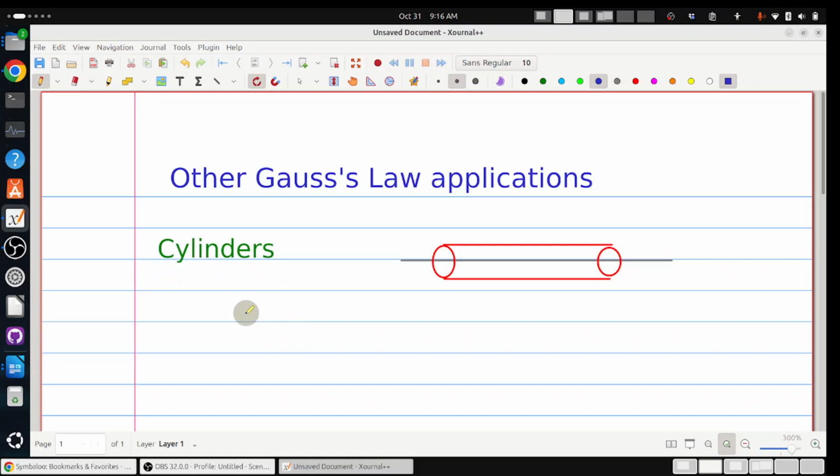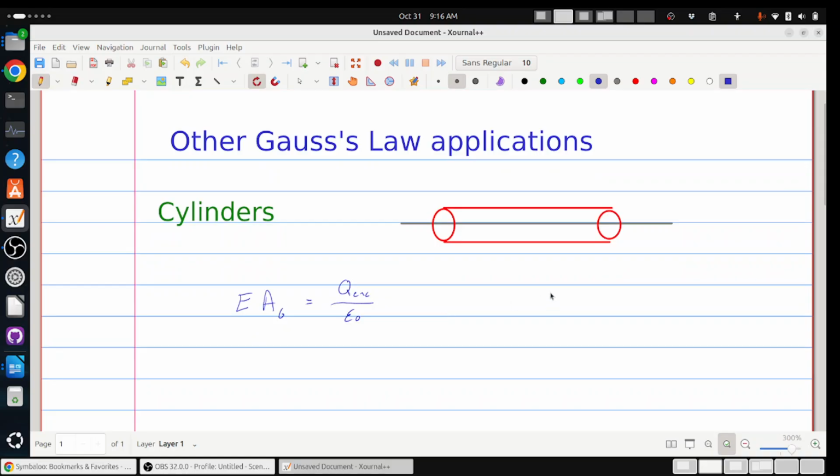Just to remind you of our equation, I'm going to handwrite it: the area of the Gaussian times the electric field is equal to the Q enclosed over epsilon naught. That's our basic Gauss's law.